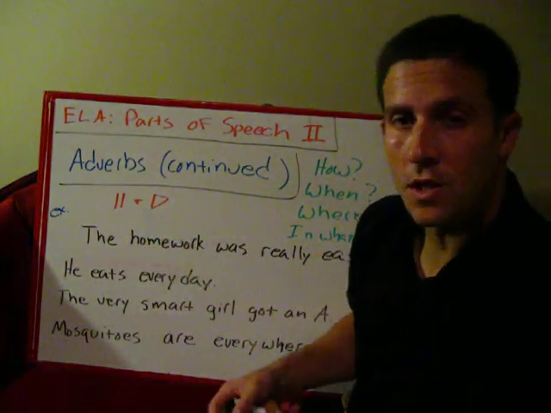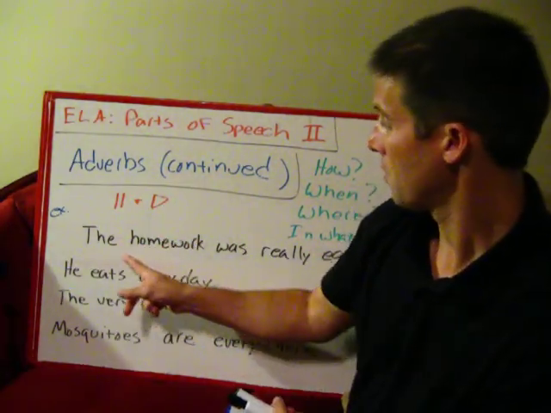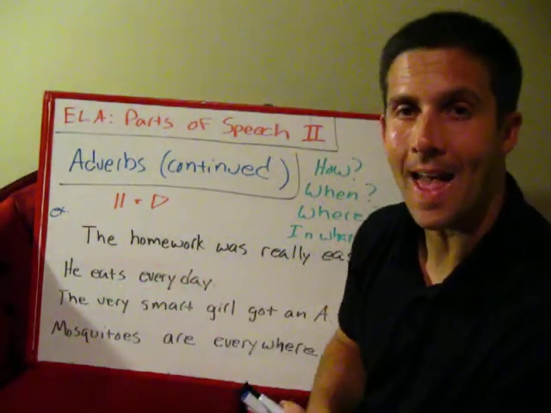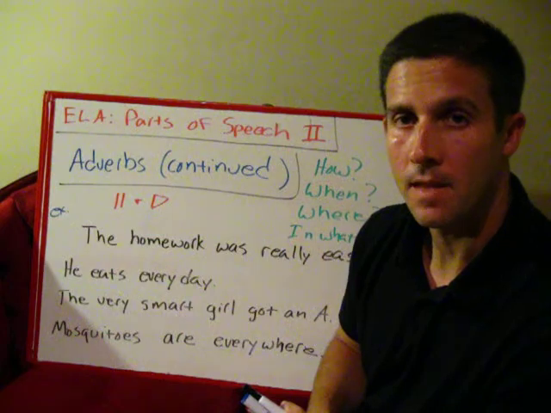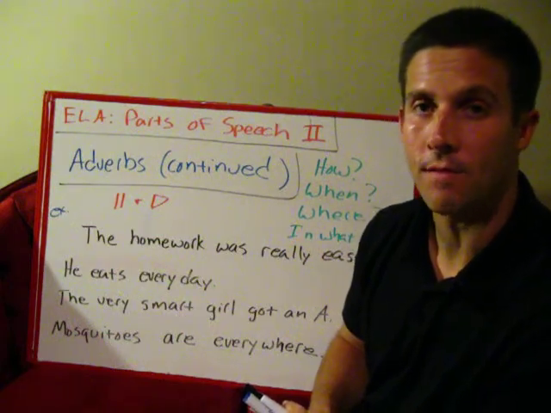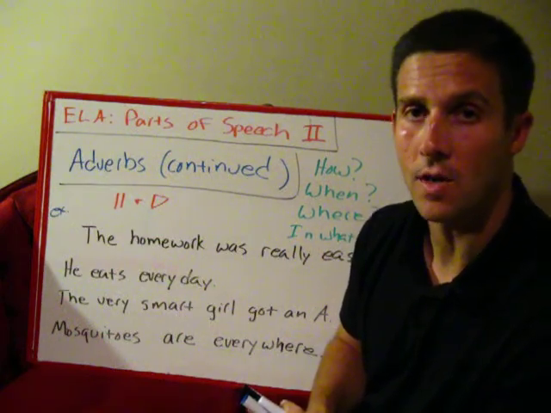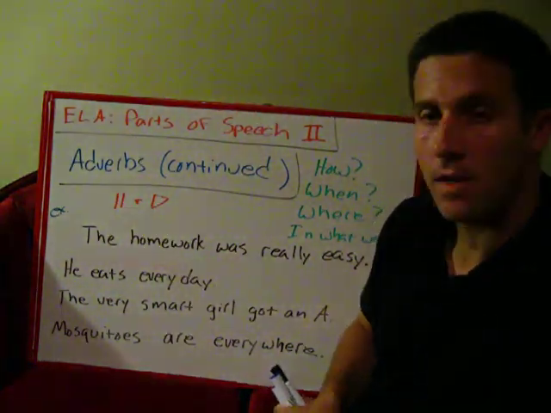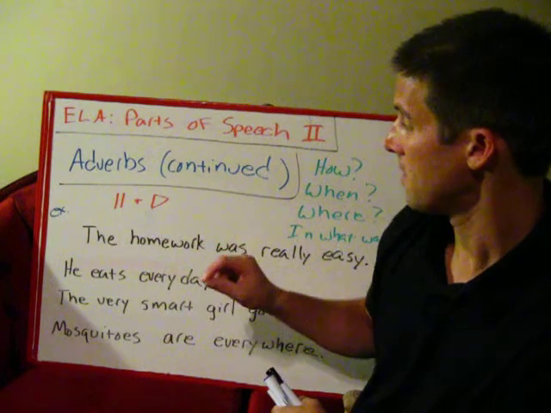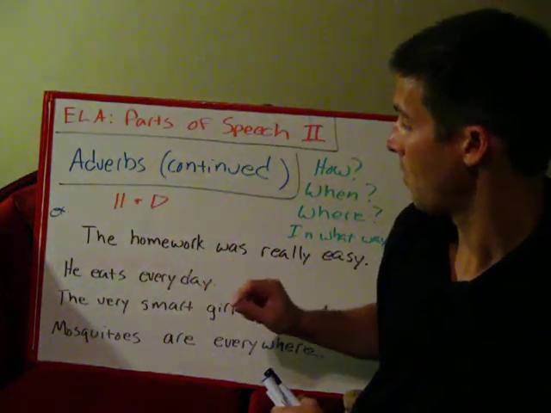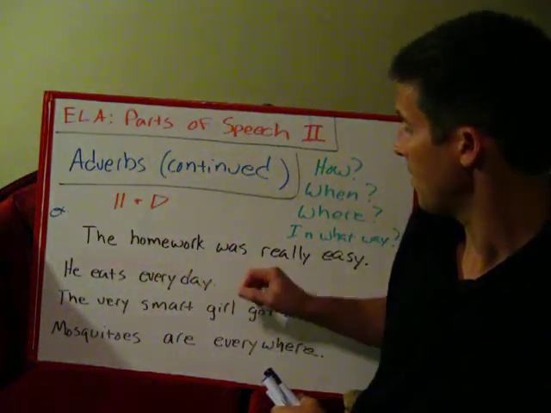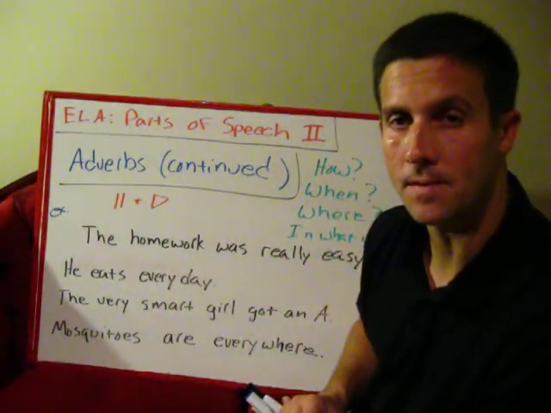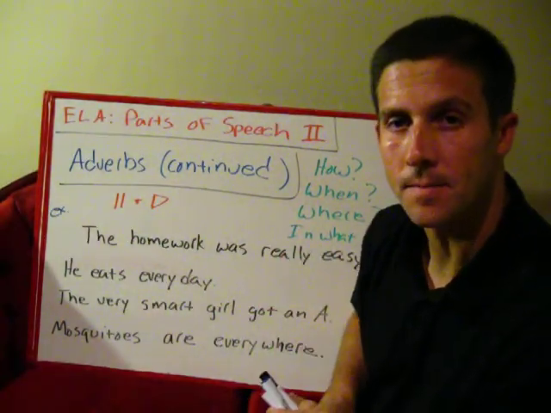What I want you to do is look at these sentences and try to figure out what the adverb is. Now remember, the adverb describes a verb, an adjective, or another adverb. So hit pause. Maybe write down the word that you think is the adverb in each sentence, and then which question does it answer? Go ahead and do that now.